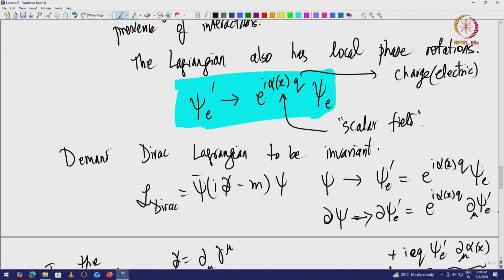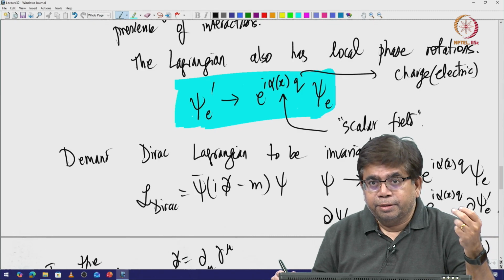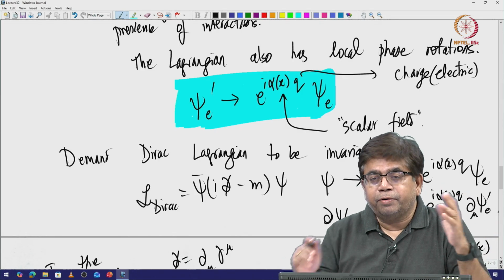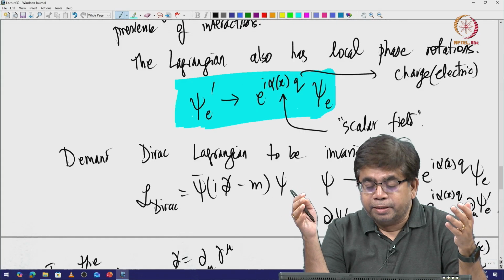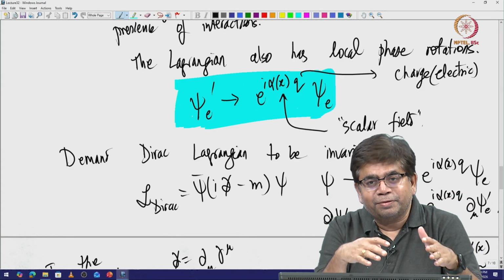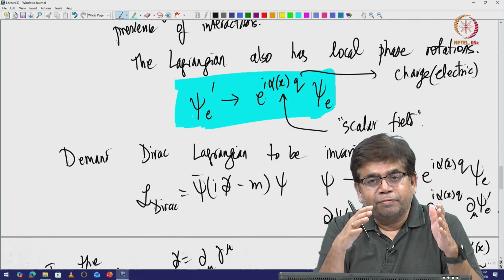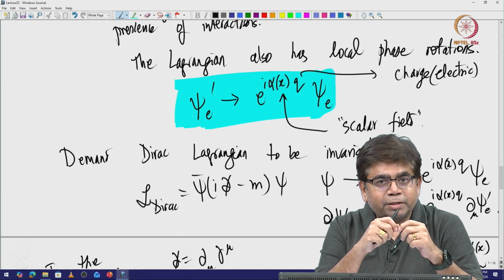There is no corresponding Noether's theorem for local symmetries essentially. Noether's theorem works for global symmetries. For local symmetries it does not work, but in this particular case of QED there is a corresponding conserved charge, which is the electric charge, conserved locally at every space time point.